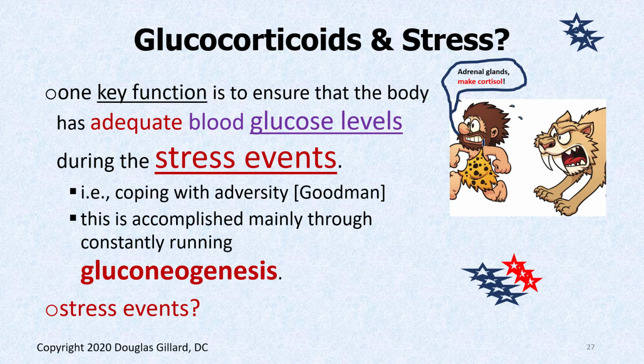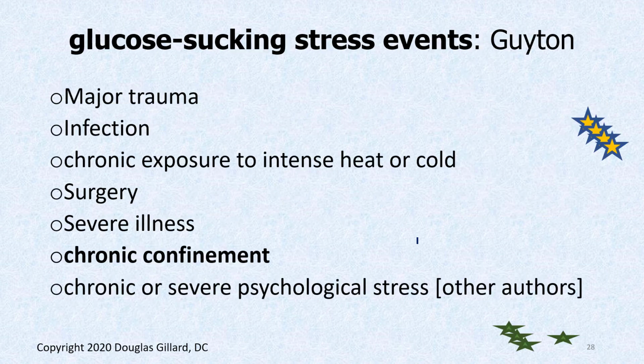Well, one important way is the effects of glucocorticoids. Cortisol will rip up your muscles and make protein out of them, and the protein can be run through gluconeogenesis. And it can burn up the fat, and you can use the glycerol to run through the Krebs cycle, which then can be run through gluconeogenesis to make glucose.